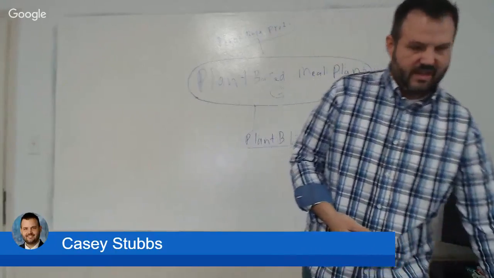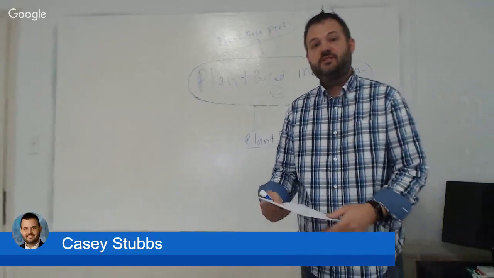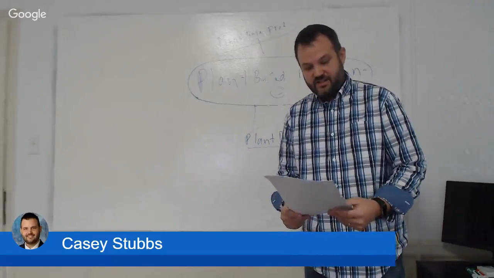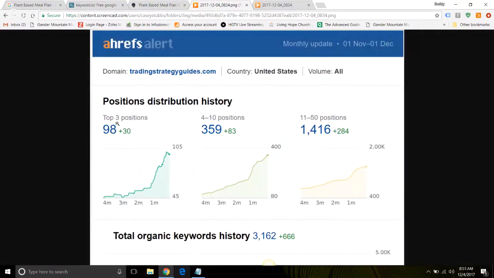So I want to show you some statistics here on what we've done using some of these strategies, and this is just from the last month. If you look at that image that I have set up here, this is a report on the last 30 days, and you can see that we have a total of 834 new keywords in the last 30 days.